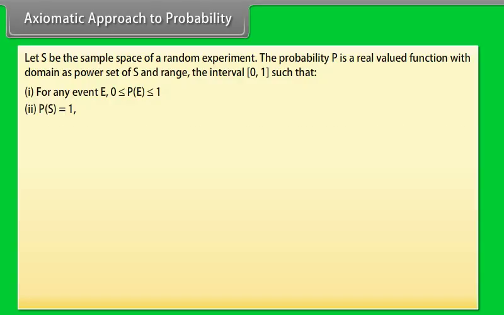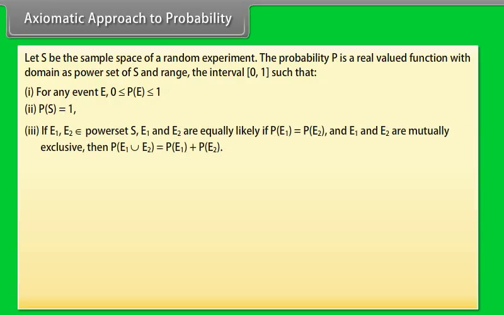And 3. If E1, E2 belong to power set of S, and E1 and E2 are mutually exclusive, then P(E1 union E2) is equal to P(E1) plus P(E2), where P(E) is called the probability of event E.